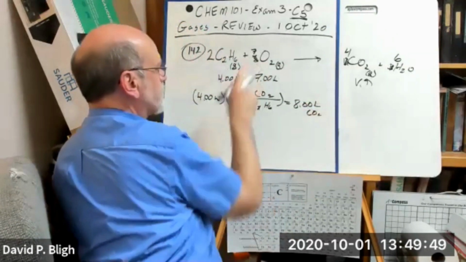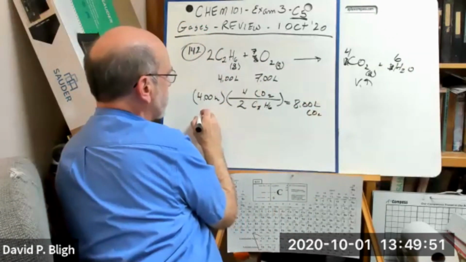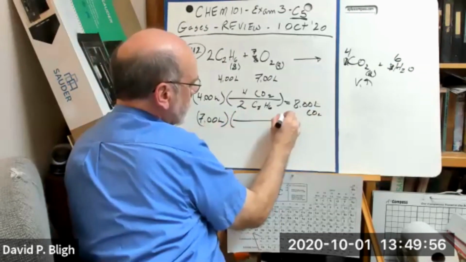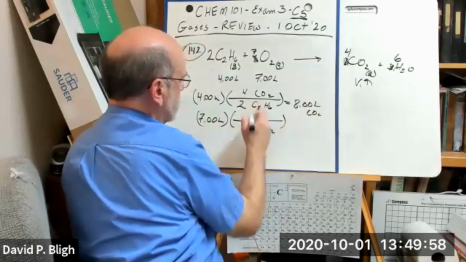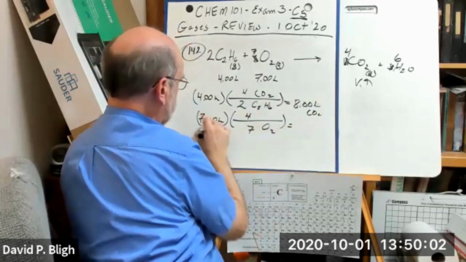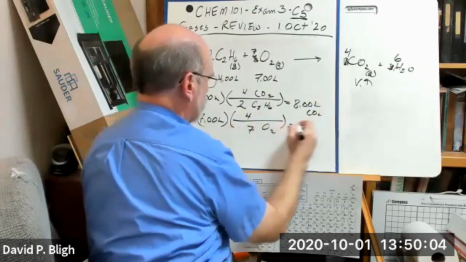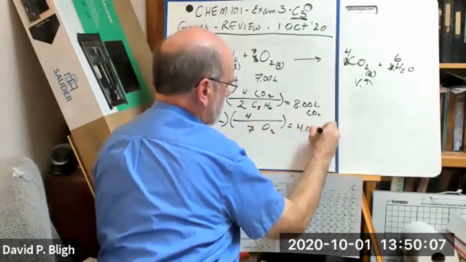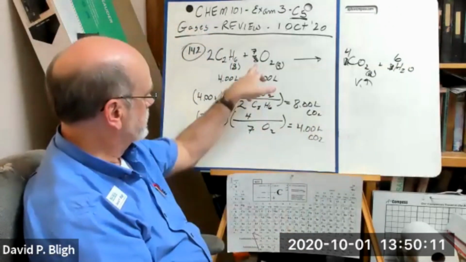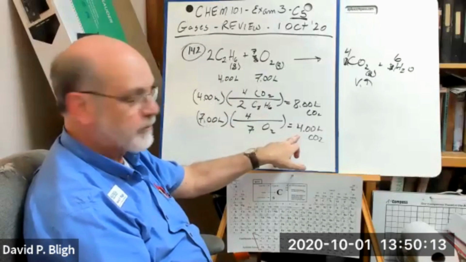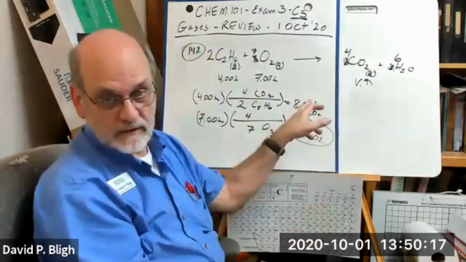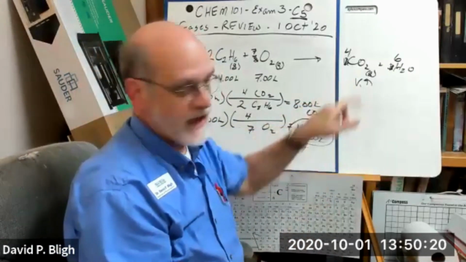But if we do oxygen, we have 7 liters of oxygen, and the conversion here is O2 is 7 to 4. So 7 cancels, and we have 4 liters of CO2. So the limiting is oxygen, and we've solved the problem already. It's 4. That's the least amount. So that's the value for the volume.